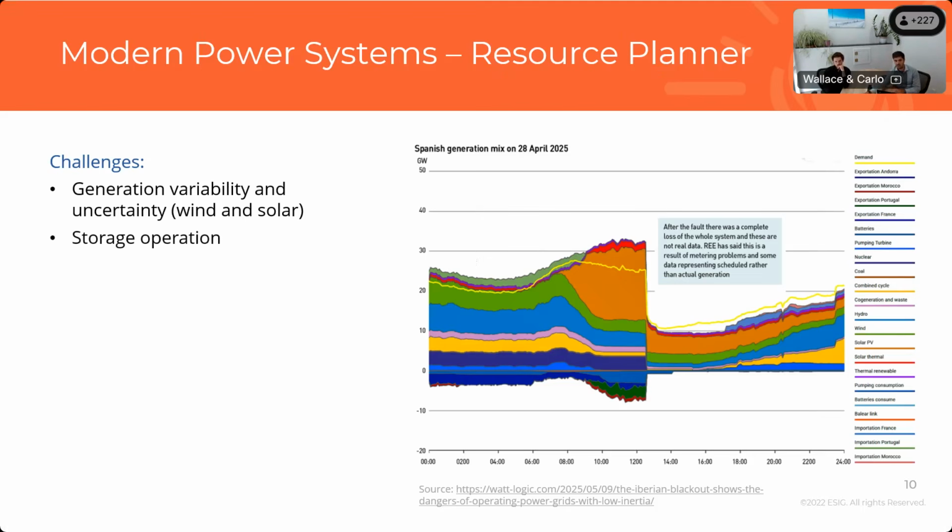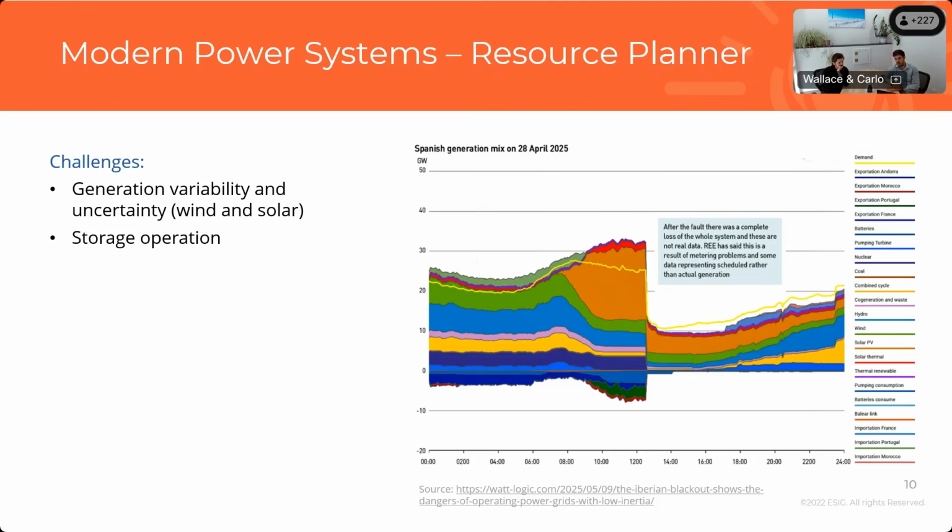Another thing is, unless I plan a system that is used to a lot of hydropower and pumped hydro storage, I wasn't used to operating storage much in the past. And so now I need to learn how to plan for an asset that sometimes acts as a generator and other times acts as a demand, and most importantly, whose operation depends on how it was operated in previous time steps.